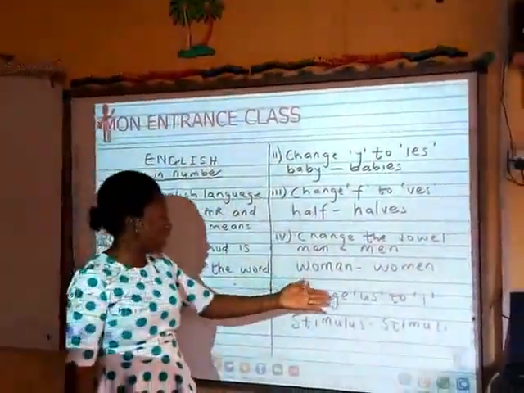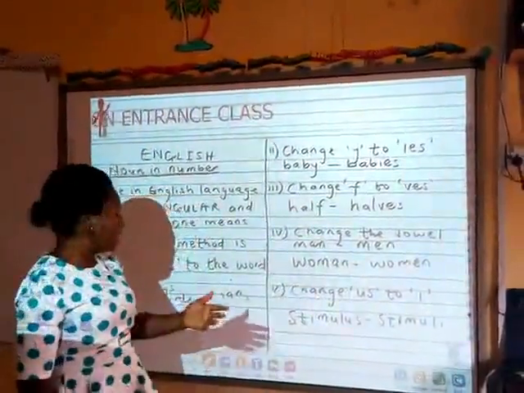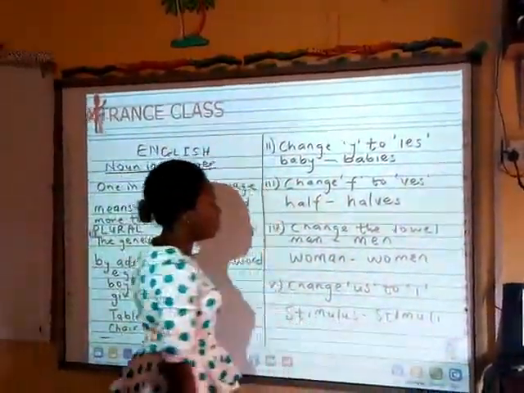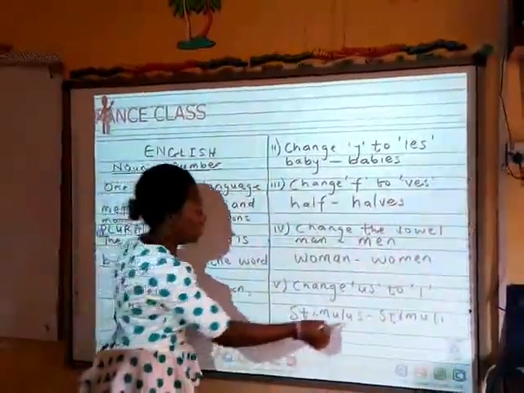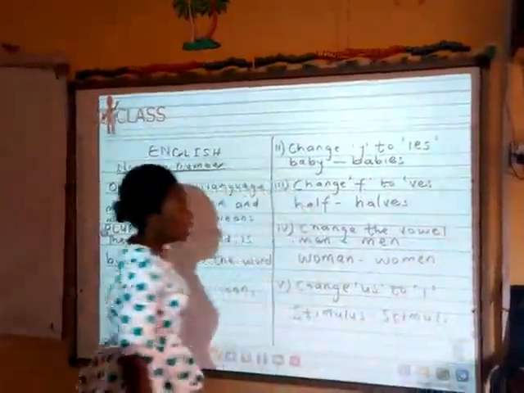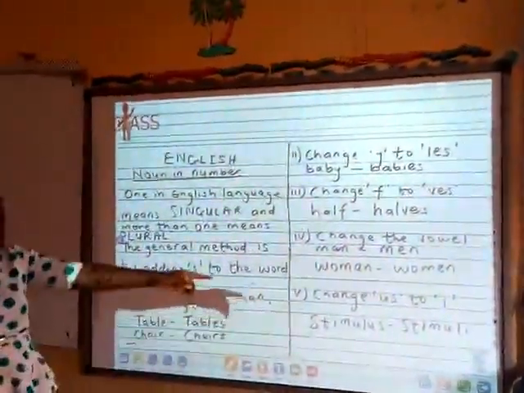Another one is changing US to I. Example, stimulus. You change your stimulus to stimuli. What are we changing? We are changing the US and we are replacing it with I. So we have stimulus, we have stimuli.